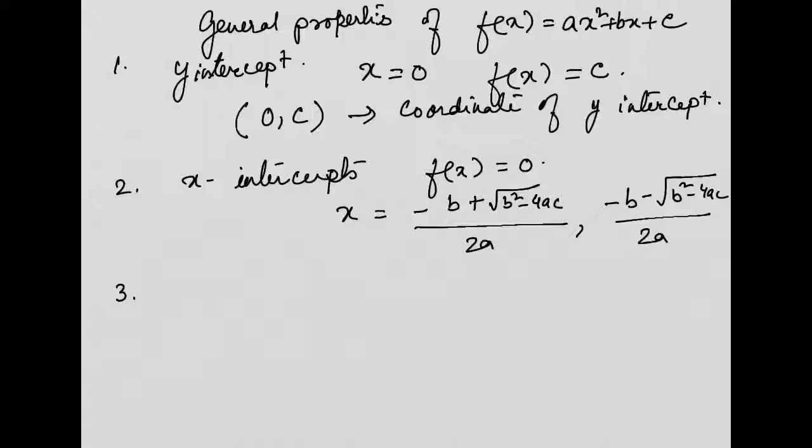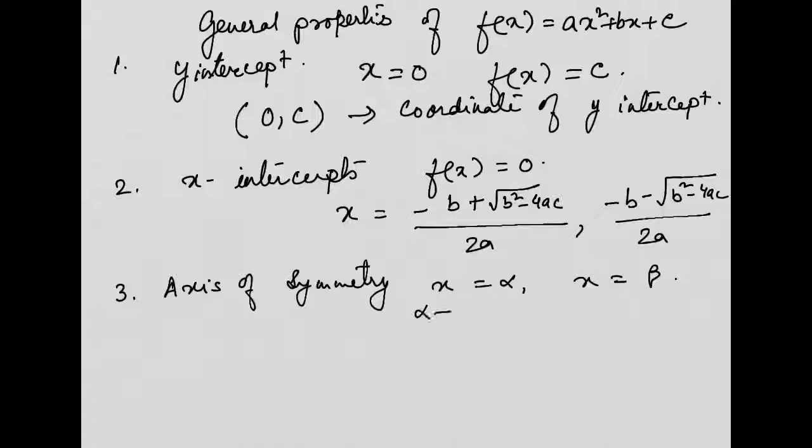Now comes the axis of symmetry. We can easily get it by averaging out these two values of x. Suppose, in short, x equals alpha and x equals beta, then my axis of symmetry would be alpha plus beta by 2.